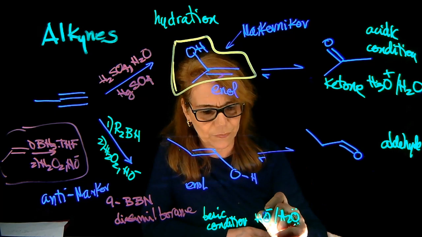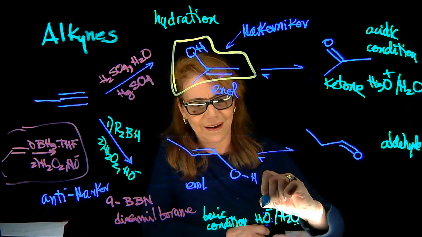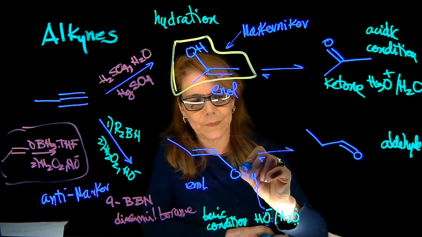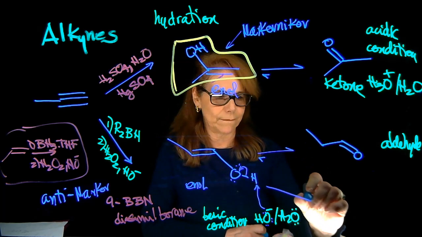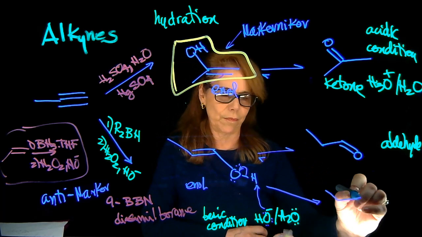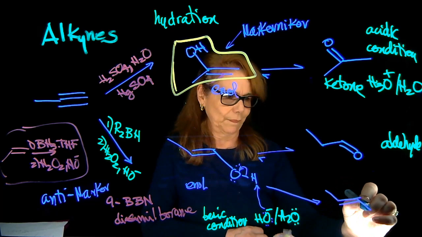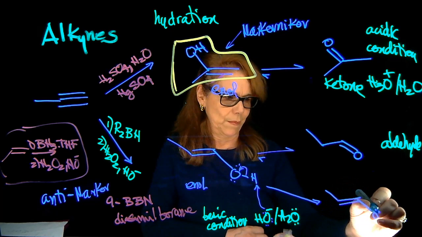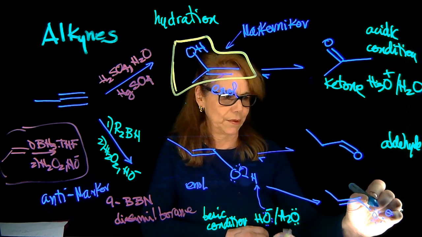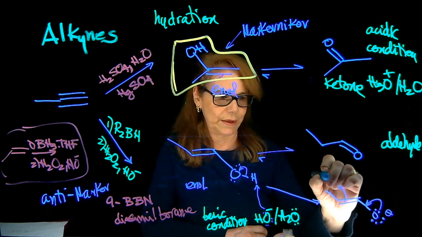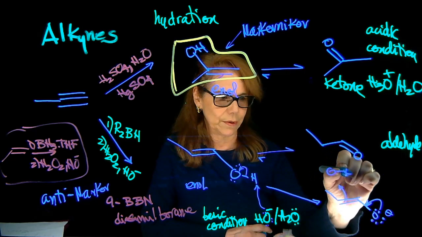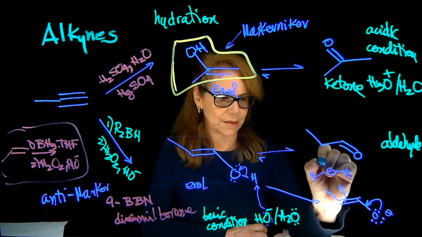So for the sake of the space, I'm going to draw this. And now, throwing that here. And here you can do now this, and you can have water as your acid.